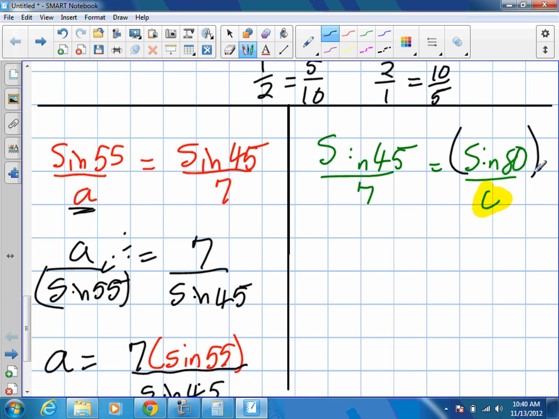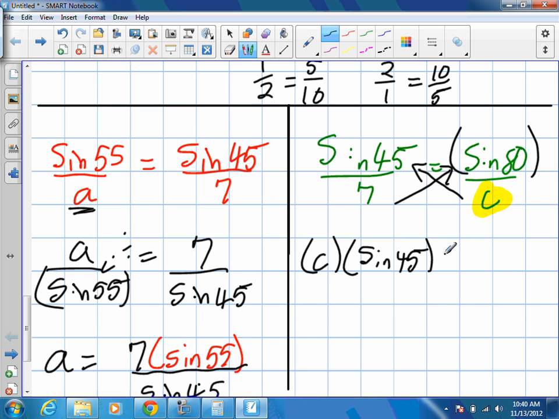Cross-multiplying. That would be a faster way of doing this, okay? So we're going to cross-multiply. You're still going to see that this takes longer. Bring C times sine 45 and 7 times sine 80. So then I have C multiplied by sine 45 is equal to sine 80 times 7.